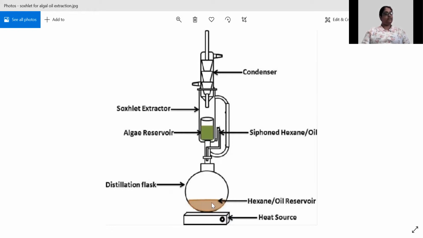Since the lipids are not evaporating at 69 degrees Celsius, only hexane will get evaporated, and again it will reach here, extract some amount of lipids from the oil seed, and then be siphoned back into the reservoir once the hexane level reaches the level of the siphon.